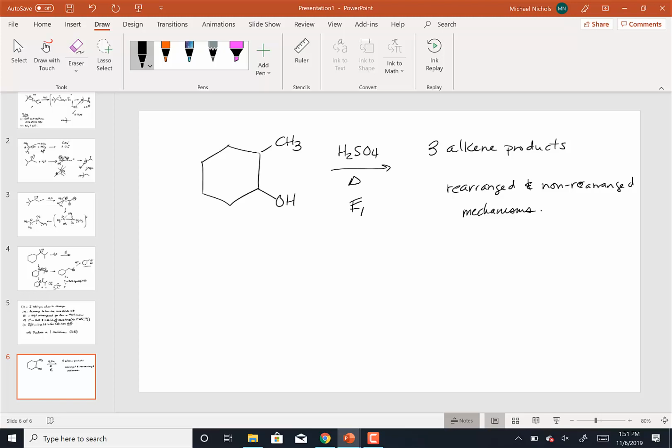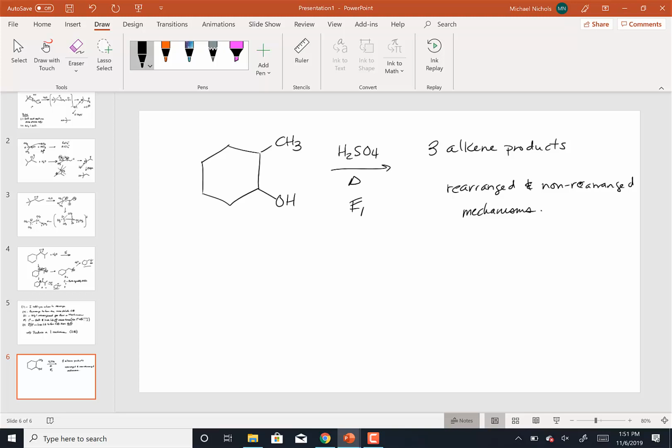And there should be 3 unique products that you get from that. Okay, and so you're going to write the mechanism for each of those reactions. That will be due on Monday, so if there's questions, you can go ahead and ask. But I will put this in the folder as graded practice problem for Monday.